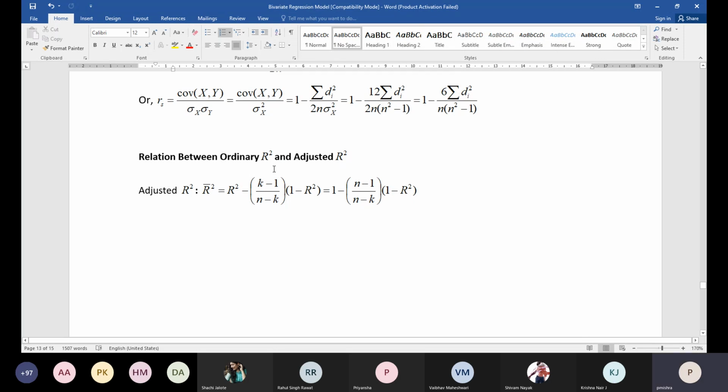But eventually, a larger penalty is imposed as more and more independent variables are included.